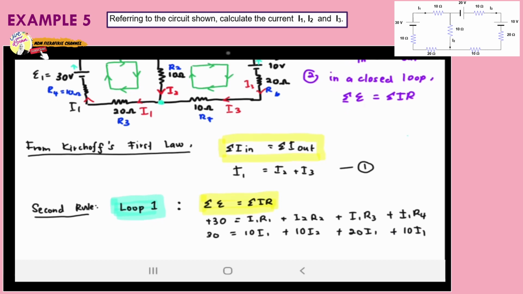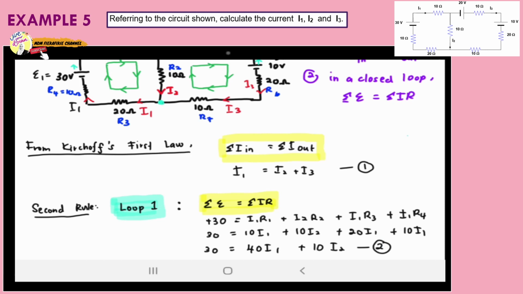We can total up all the I1. So 30 is equal to 10 plus 20 I1 plus 10 I1, so it's 40 I1 plus 10 I2. This is my second equation from the first loop.